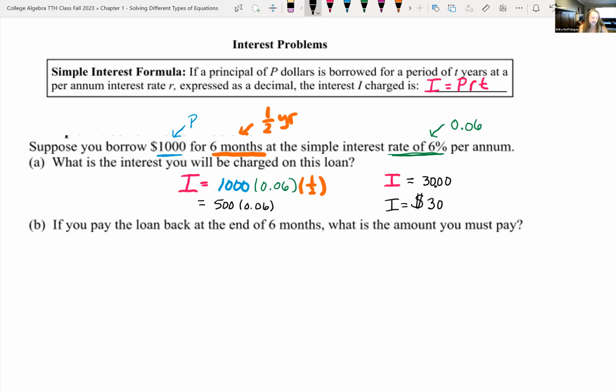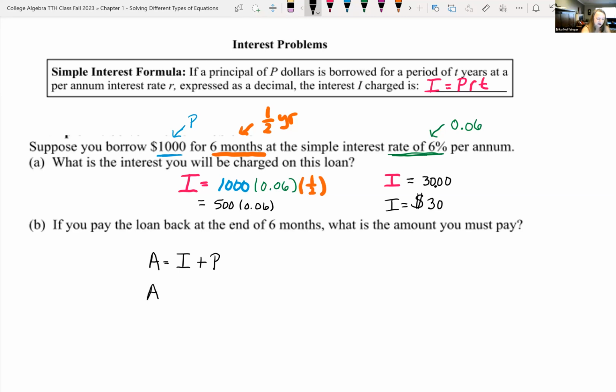The question next says, if you pay the loan back at the end of the 6 months, what is the amount you paid? Well, the amount that we're paying back is equal to the interest that occurred plus the money that we borrowed.